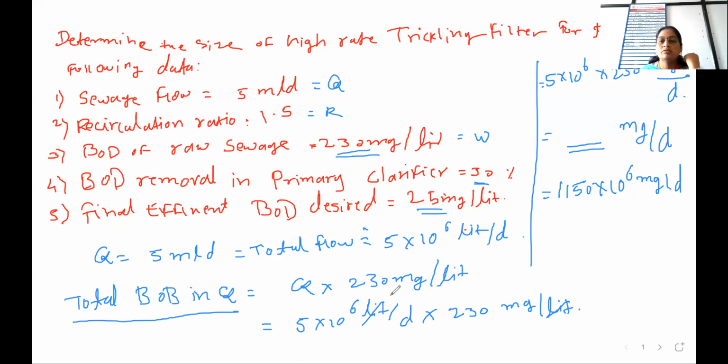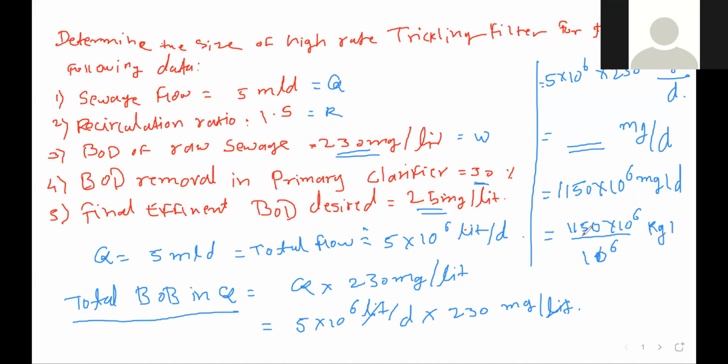But we usually take the BOD in kg per day, so that can be converted: 1150 into 10 raised to 6 milligram per day upon 10 raised to 6 becomes kg per day.